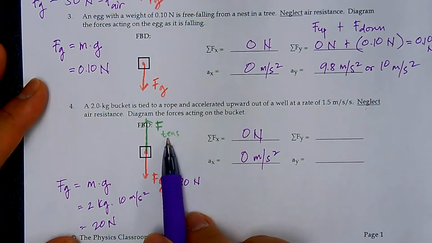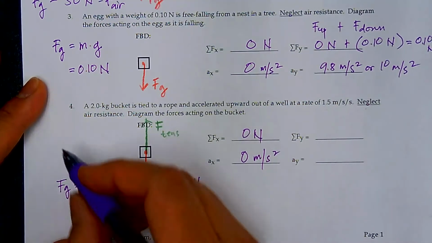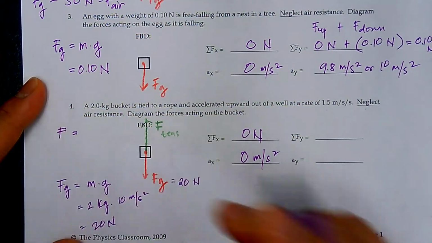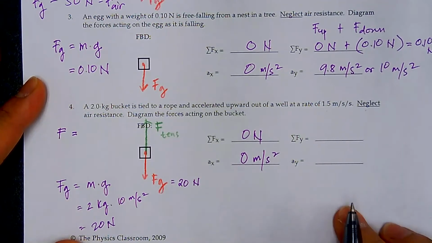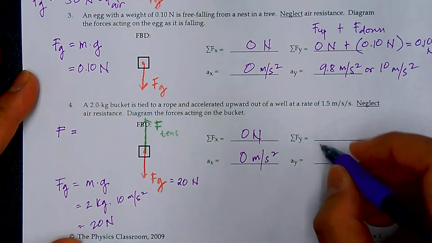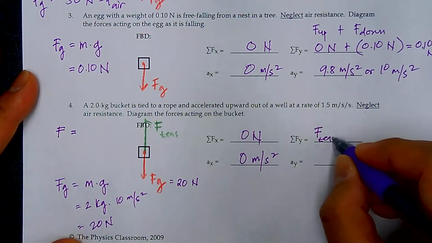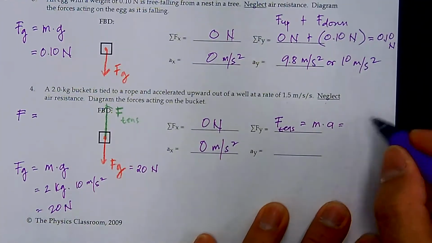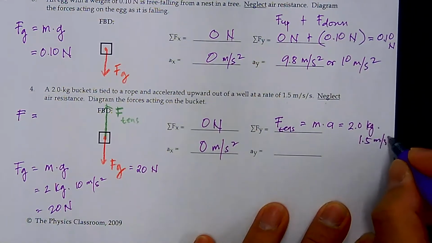So what will be the tension here? If the object is moving, we're looking for F on the y, which is the net force, equal to the mass times the acceleration, which gives me 2 kilograms times 1.5 meters per second squared.